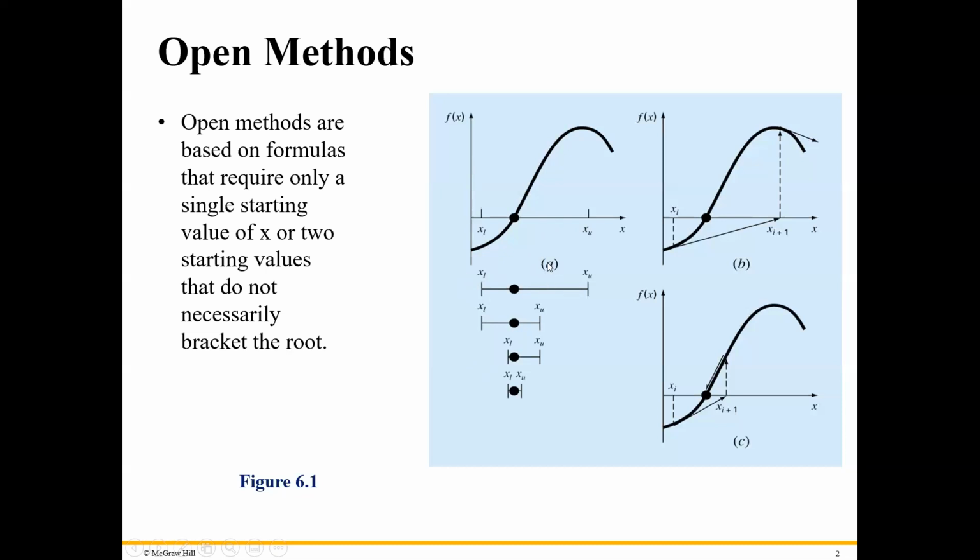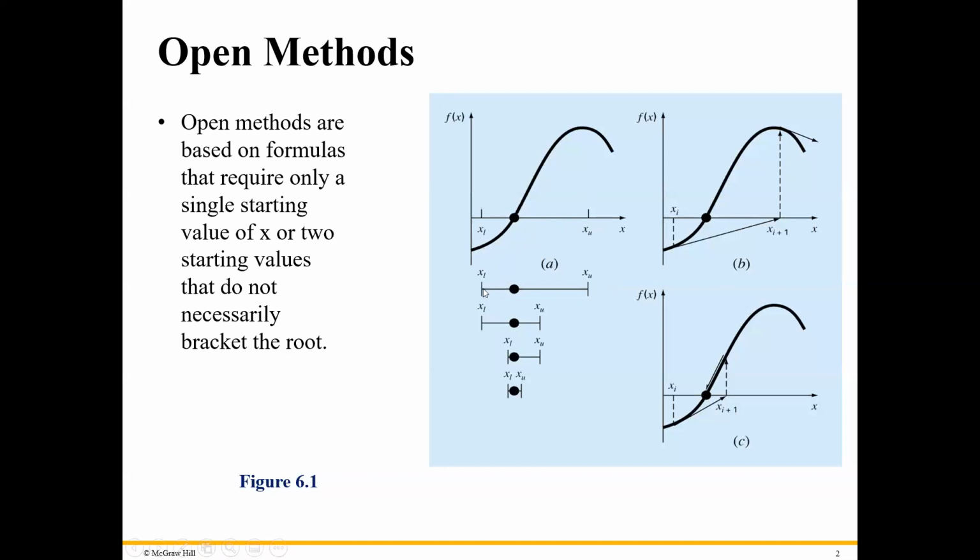As you can see in figure A, there are two limits, XL and XU. At XL the value of the function is negative, and at XU the value of the function is positive.